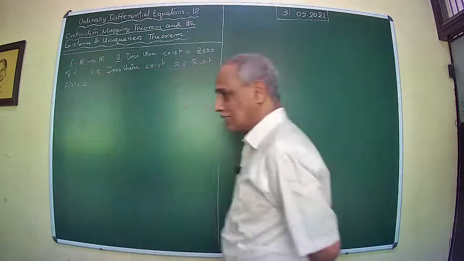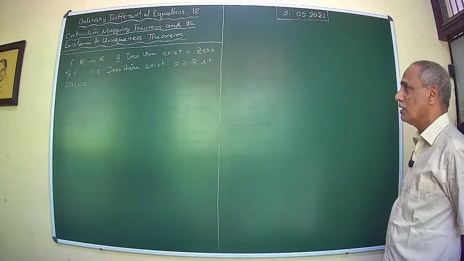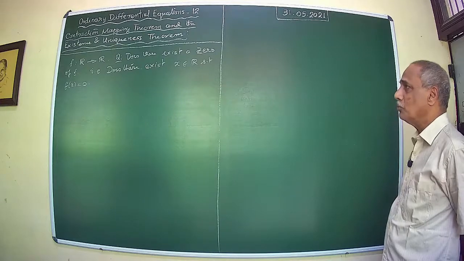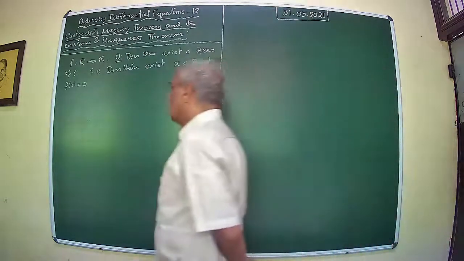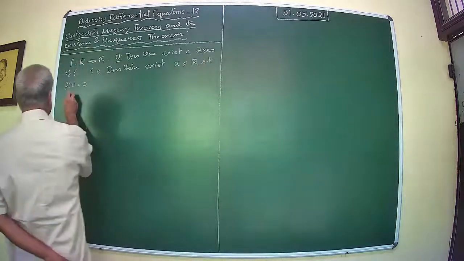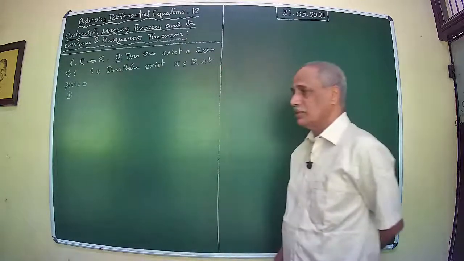And the questions arise: when does this particular function have a zero? What one does is this: first stage is convert this problem into a new problem.